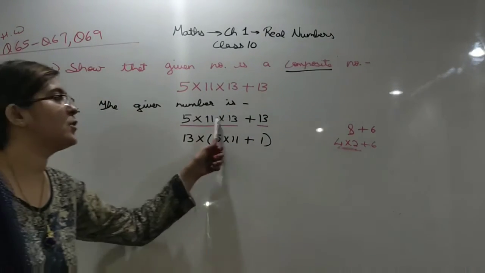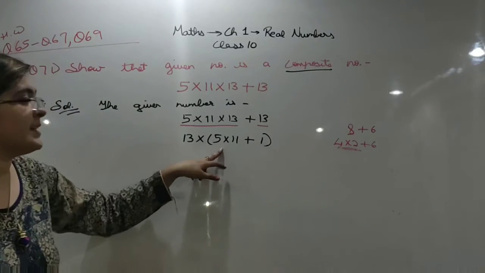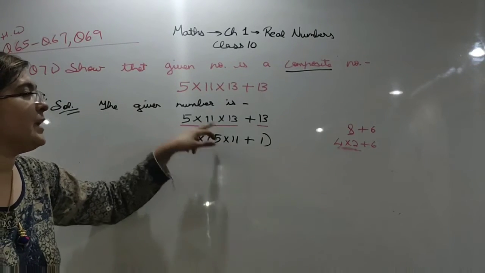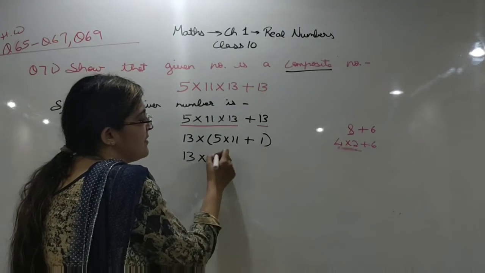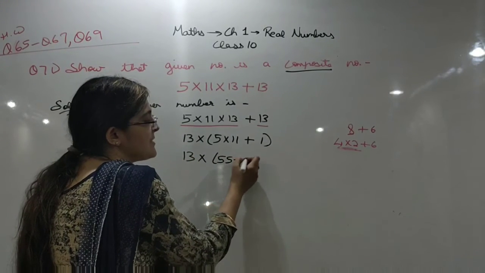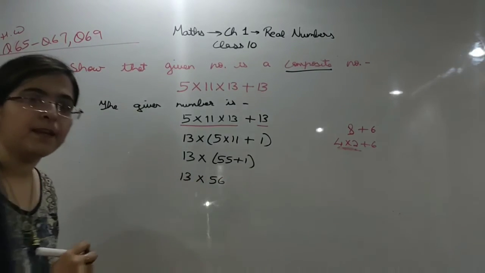From the 2 terms, we have taken 13 as common. Then here 5 into 11 is left and here 1 is left. So it can be written as 55 plus 1. That means 13 into 56.